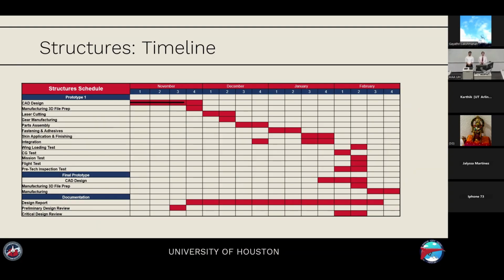After testing prototype 1 with the assistance of various other teams, we'll then start and finish the CAD design of our final prototype by mid-February up until CDR. Our manufacturing will then go past CDR, which is not shown in the timeline. Our design report will be taking place across the entirety of our assembly process in order to properly document our decisions and why we need them.